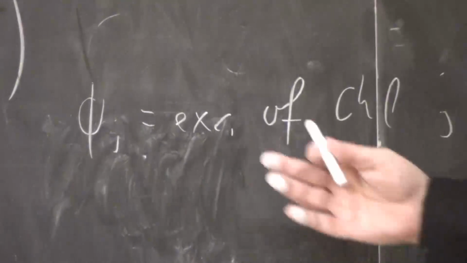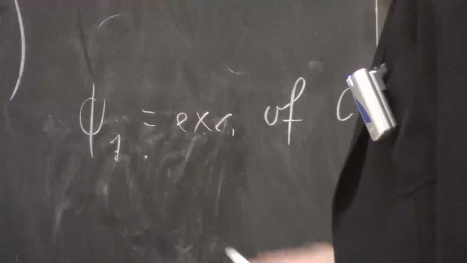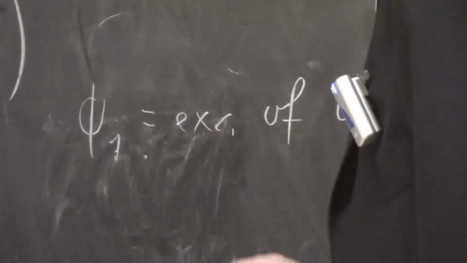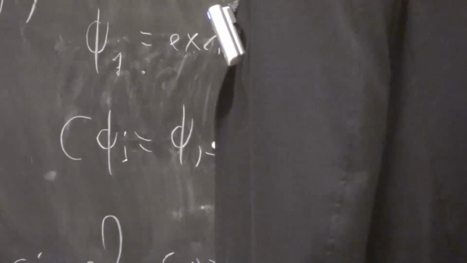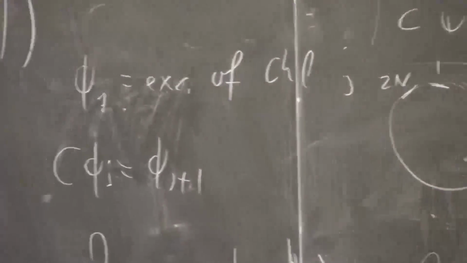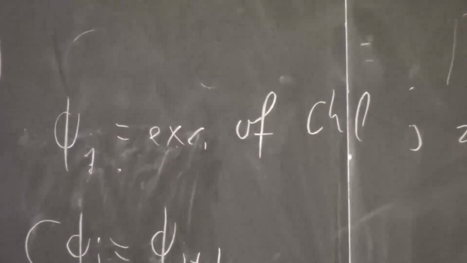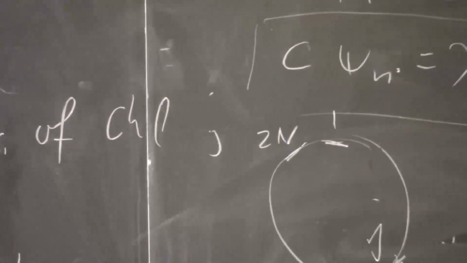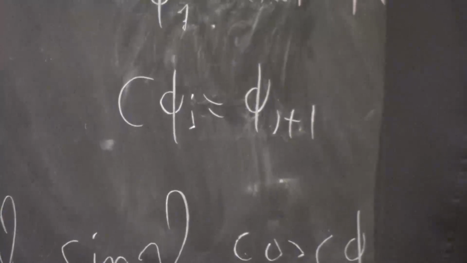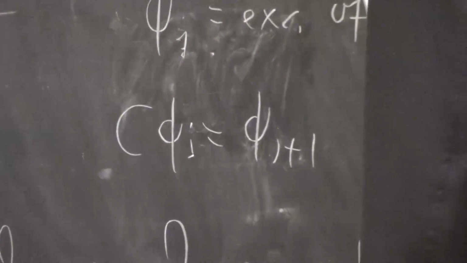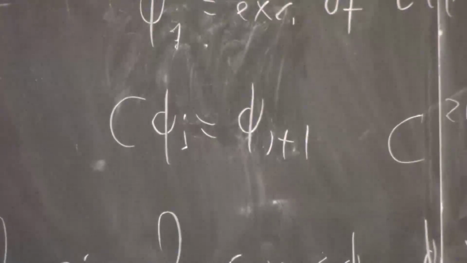Then if that is the excitation of this chlorophyll, then C phi j gives me phi j plus 1. I move it one forward when I rotate. So I have this kind of behavior, and I know that C to the 2n phi j is equal to phi j again. If I rotate 2n times, then I'm back at the beginning getting phi j again.